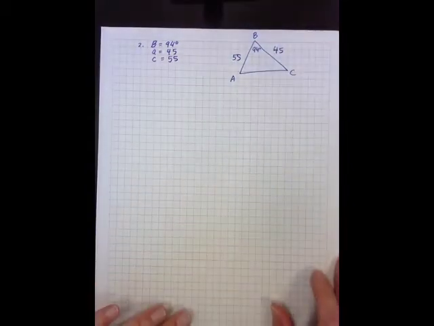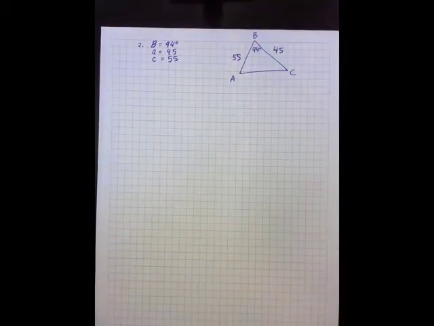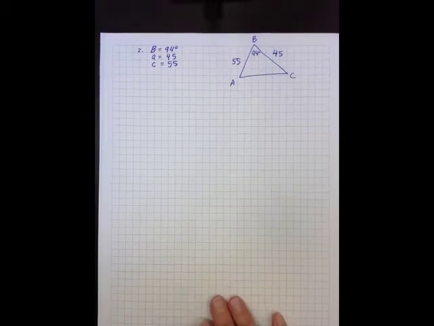And so this one is not set up for the law of sines. However, given that I'm given 2 sides and an angle, it might be nice to use the law of cosines.